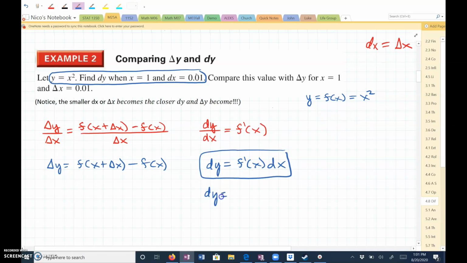So dy would be equal to f prime of x, which is equal to 2x, and the x value that we're looking at is when x is 1, so this would be 2, and then dx is equal to 0.01. So this is going to be 2 times 0.01, which would be equal to 0.02.